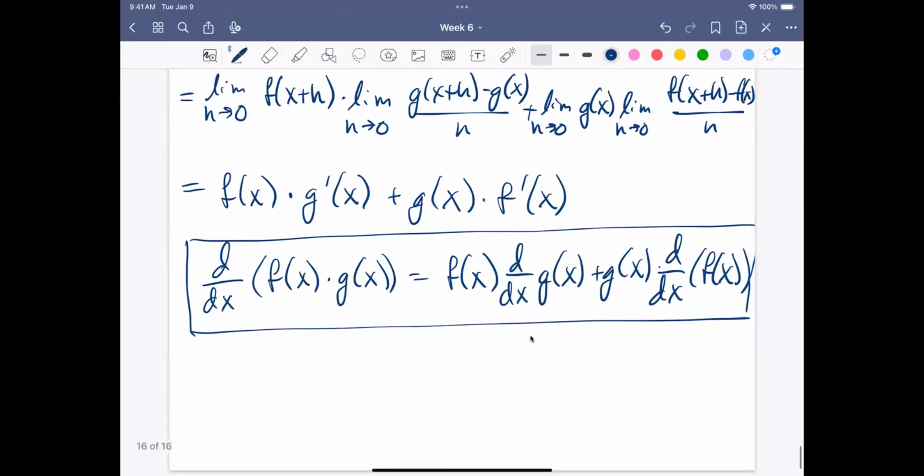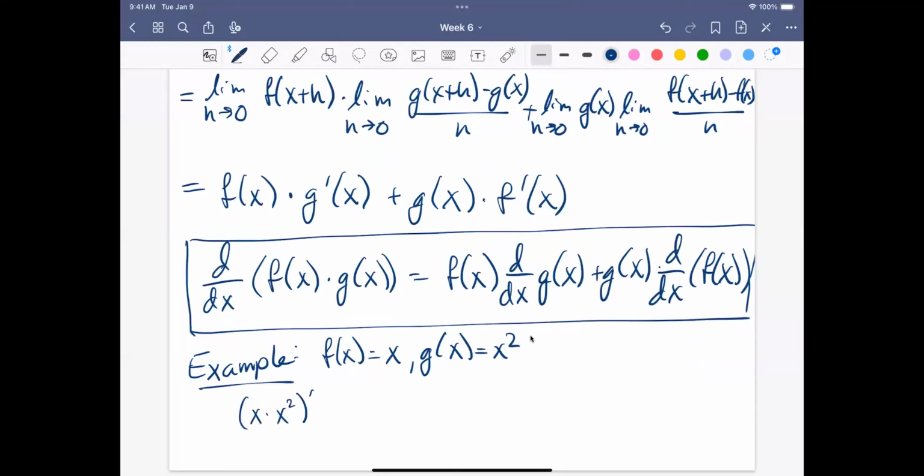And so I want to circle back to our example here earlier where we had f of x equal to x and g of x equal to x squared, and actually use our new product rule and see what we get. So using this product rule, we have x times x squared, prime.